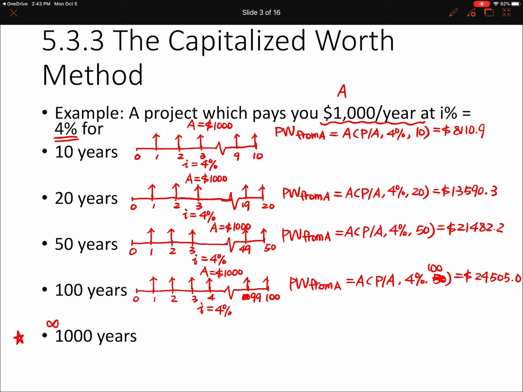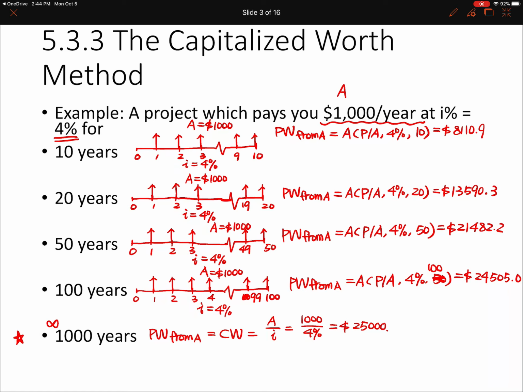Then what is the value for an infinite number of years? For example, like 1,000 years, 2,000 years, what will happen? Before we answer that, we know we're going to use the capitalized worth method. PW from A is what we call the CW, capitalized worth, and it's going to be A over I. A is 1,000, I is 4%, so that answer is going to be 25,000.